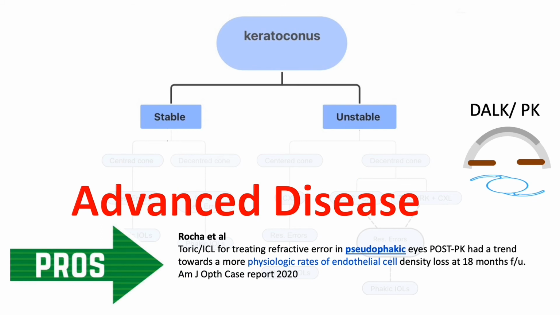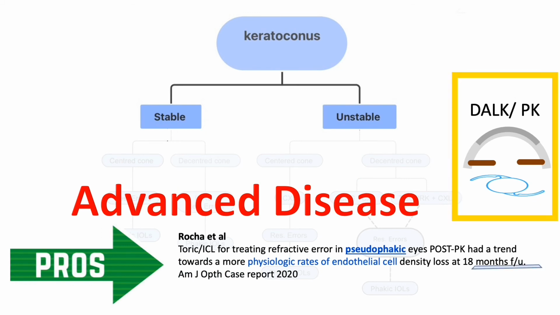Whereas Rocca et al. interestingly found that ICLs for treating refractive error in pseudophakic eyes post-PK had a trend towards a more physiologic rate of endothelial cell density loss at 18 months follow-up.